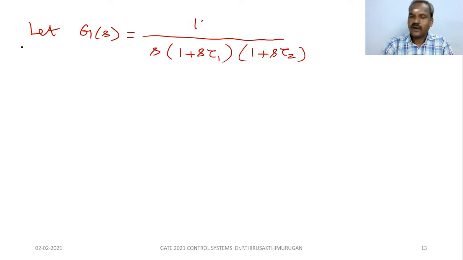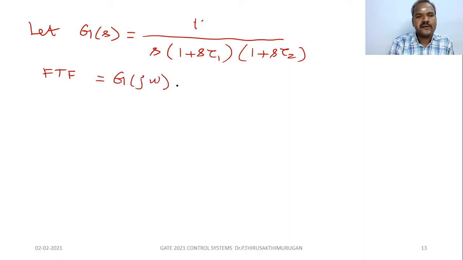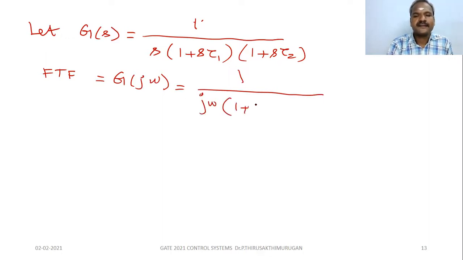Okay, so how to find it? First, convert this transfer function into the frequency transfer function. Then you look into the transfer function, whether it is in pole zero form or time constant form, right? We can also add K. So the frequency transfer function is G(j omega) equal to 1 divided by j omega (1 plus j omega tau 1)(1 plus j omega tau 2).